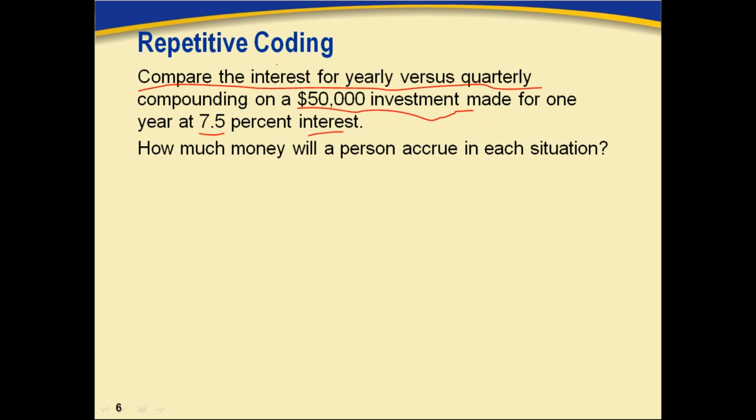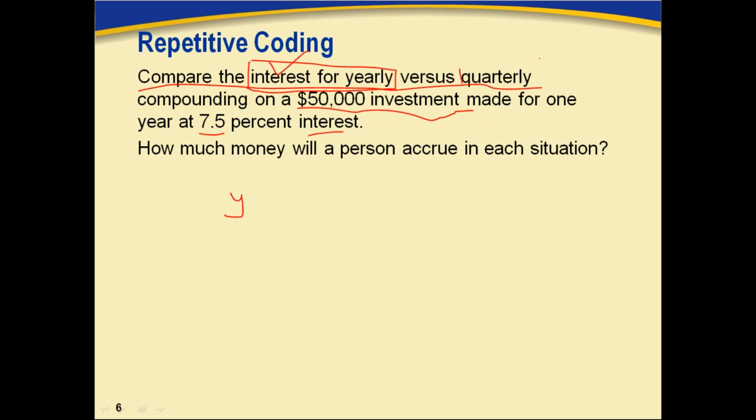They are asking us to compare interest for yearly versus quarterly compounding. There are two things here which you need to calculate: one is interest for yearly and the other for quarterly.